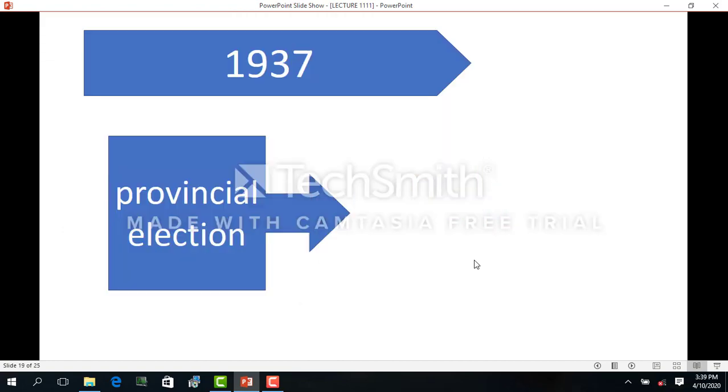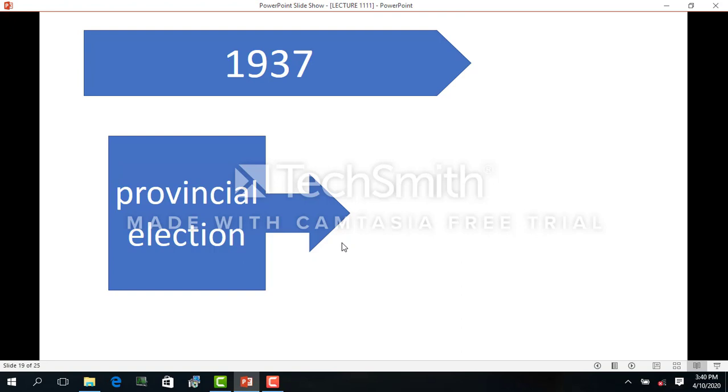Then in 1937, provincial elections were held here. On what basis? In 1937, provincial elections were held under the Government of India Act 1935. What was the result of this election?